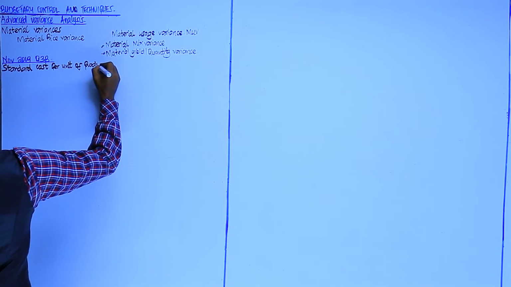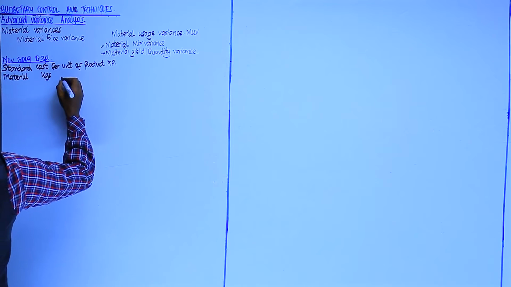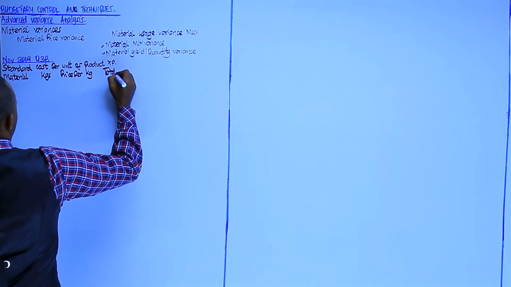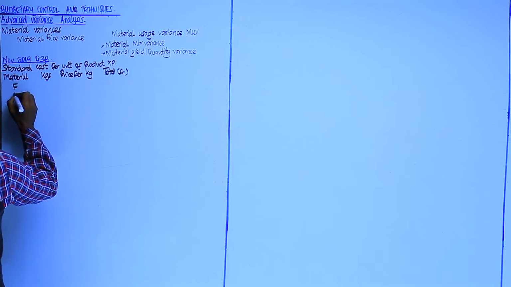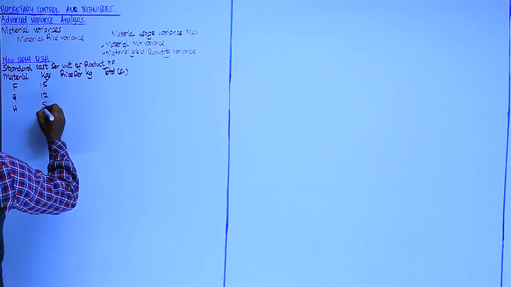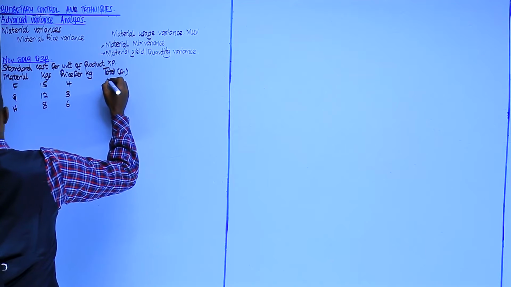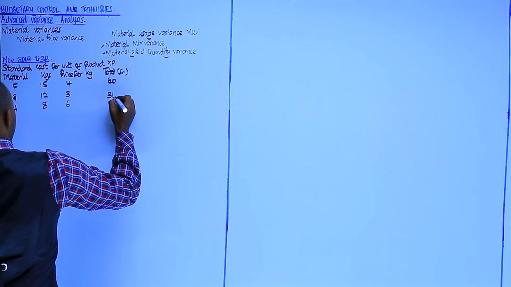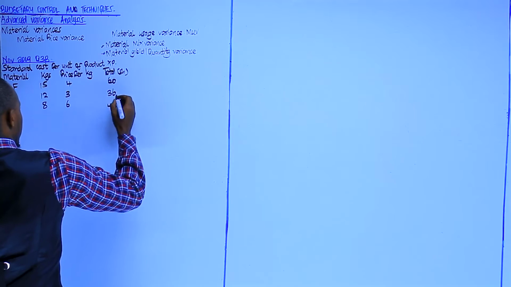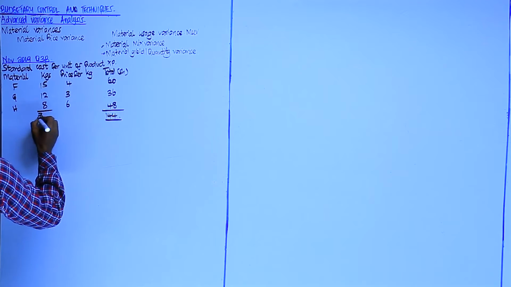You have your material, kgs, price per kg, and total, which will be in shillings. For materials F, G, H: 15, 12 and 8 kgs; prices 4, 3 and 6; totals 60, 36 and 48. So that the total is 144.